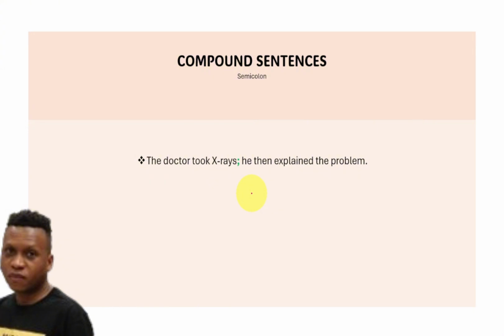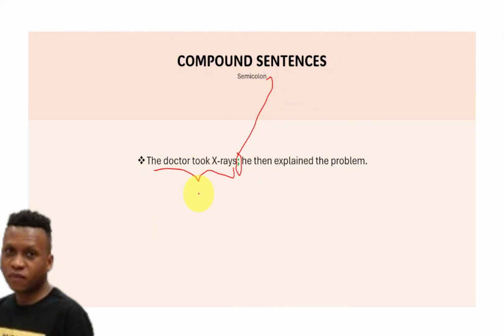Now here we go. We also use the semicolon. The doctor took the X-ray. He then explained the problem. So in this case, we use the semicolon, this one. So here is another part of the simple sentence. The doctor took the X-ray.